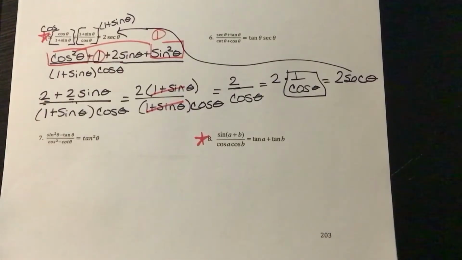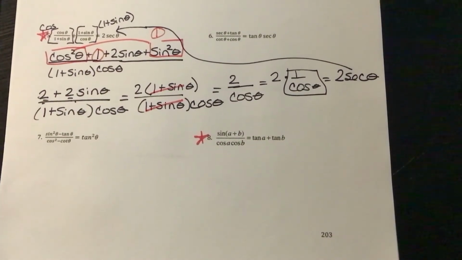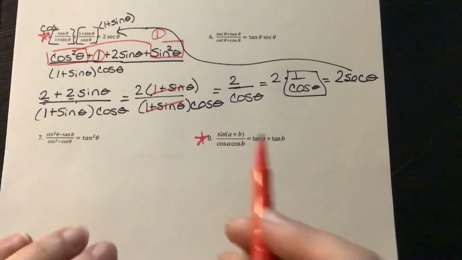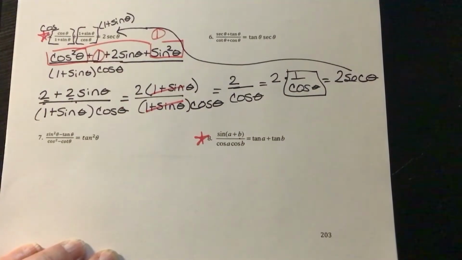And then on number 8, I want to caution you: when you see A plus B inside the parentheses, do not distribute the sine. We need to refer back to the addition of 2 angles, because A and B represent 2 different angles.